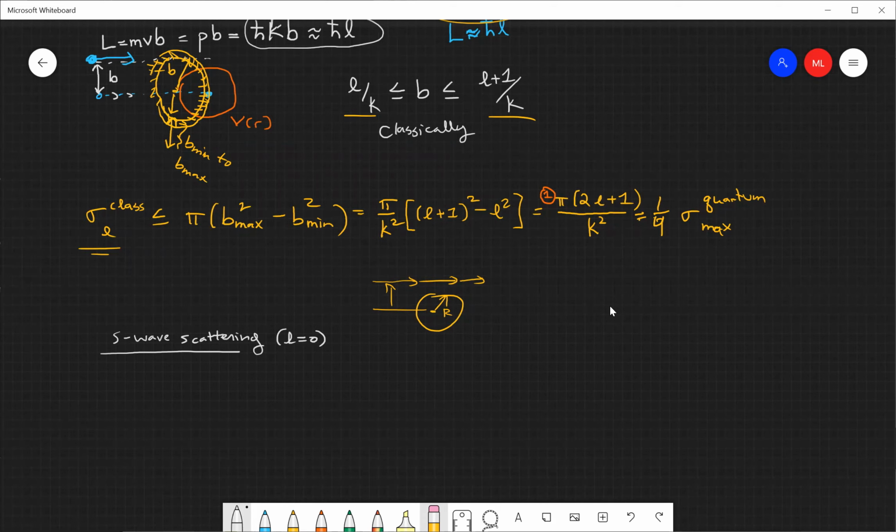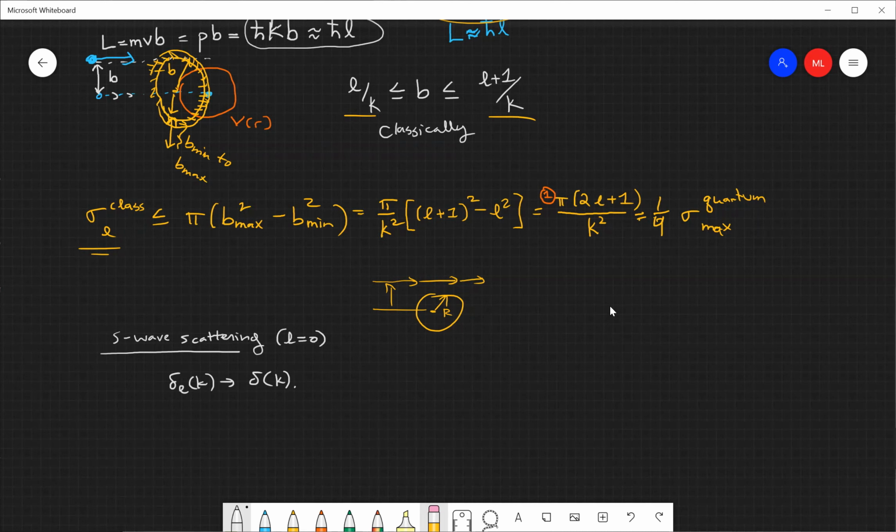mode. In this case, it's convenient to parameterize the phase shift. So now there's only one phase shift, instead of delta_l of k, because there's just one l mode. There's a single phase shift, and it's convenient to parameterize it by a length.